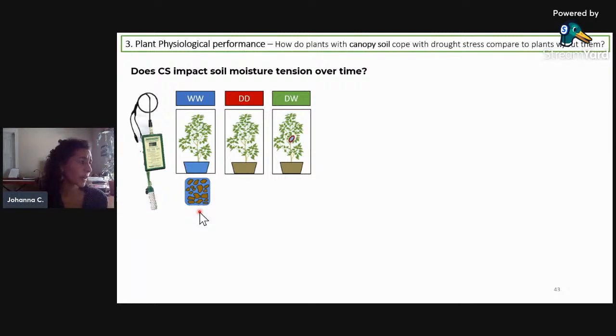For a well-watered plant, we expect very low tension, for a completely dry plant we expect a higher tension, and for a canopy soil plant we expect probably lower. It depends on how that water works.